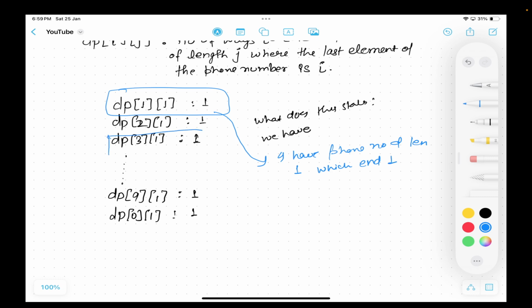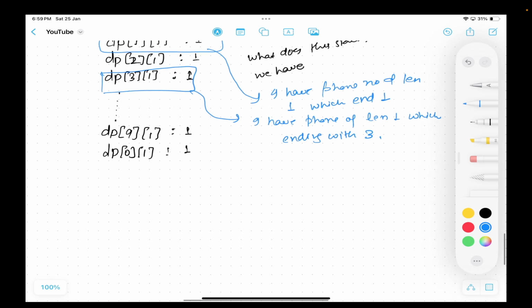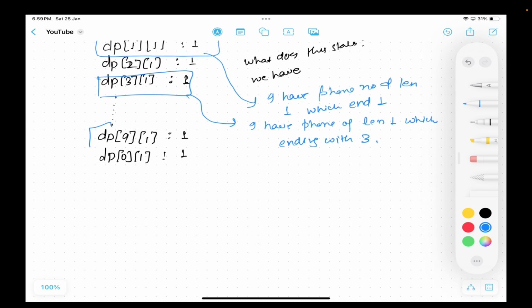Similarly, I have a phone number of length 1 which is ending with 3. Similarly, the definitions for the other states are the same as these ones.